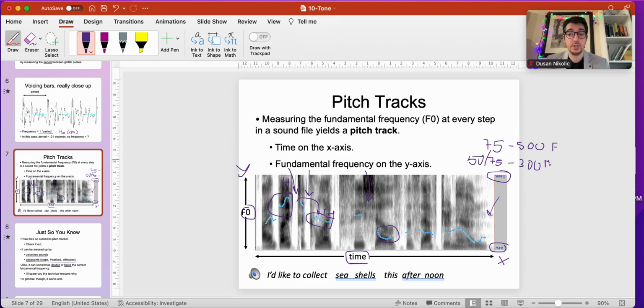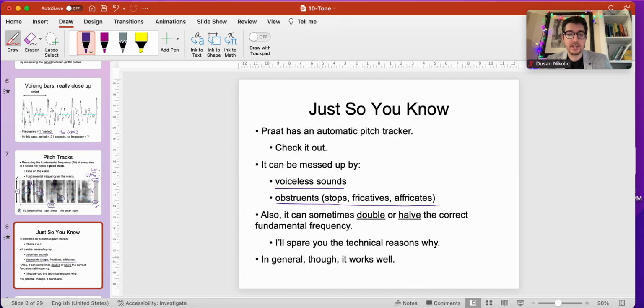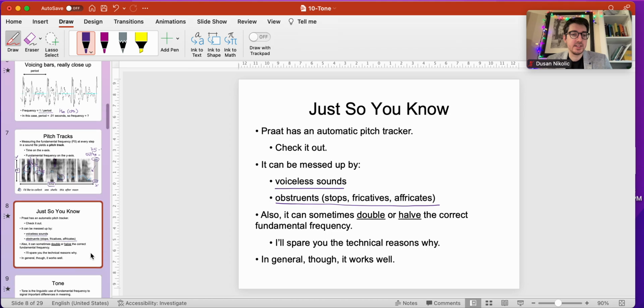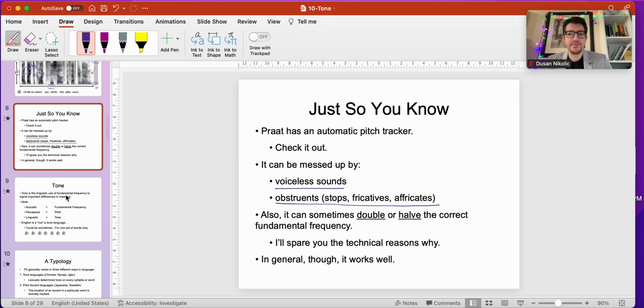You'll have to decide on that, so that you can view and observe the movement of our vocal folds in this awesome program. In 441 you will learn technical reasons why Praat is doing these doublings and halvings, if that's a word, but hopefully you get the gist.